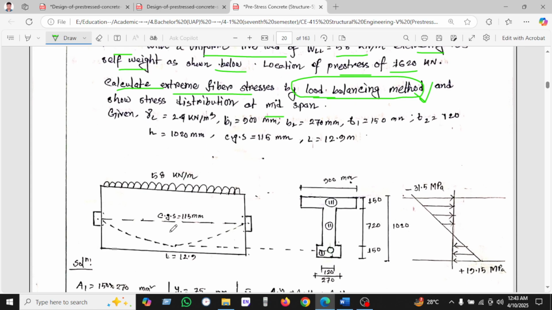What does that mean? This means the concept 3, and the stress distribution at the mid span. So it will be calculated at this mid span, and the given concrete unit is there.